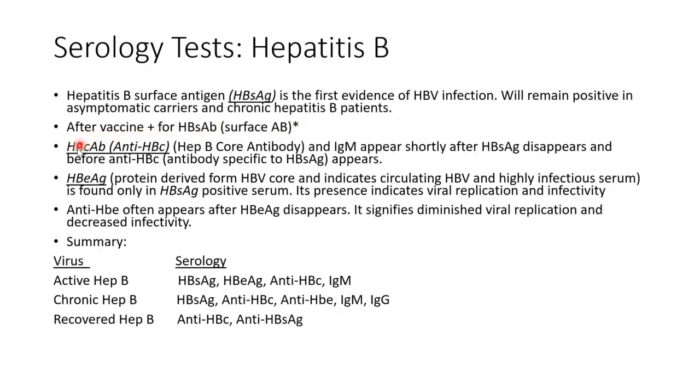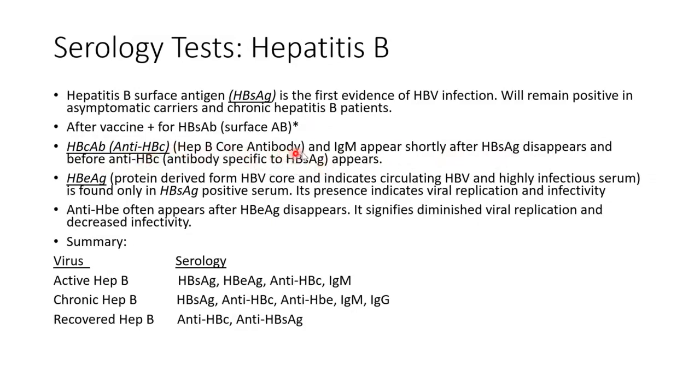Okay, so now we'll get a little bit deeper in here. The next one is hepatitis B core antibody, or the antibody to hepatitis core. IgM appears shortly, we just talked about IgM, after HBsAg disappears and before the antibody specifically to HBsAg appears.